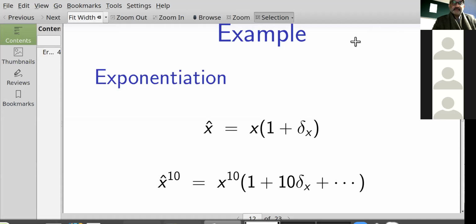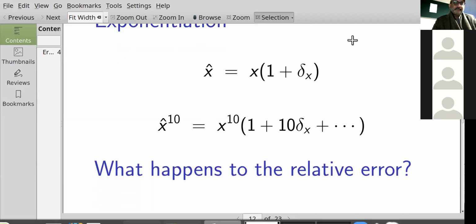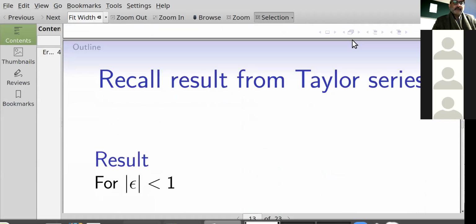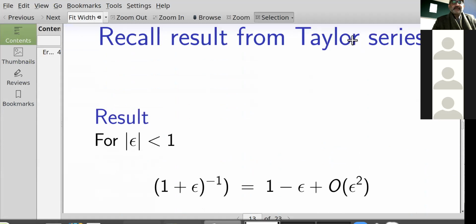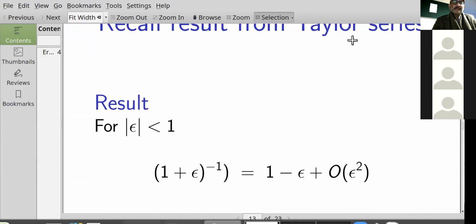So exponentiating to the 10th power would give you approximately 10 times the relative error. The new relative error on the result would be approximately 10 times the relative error on the input. Okay, a result that will also come up in this course.